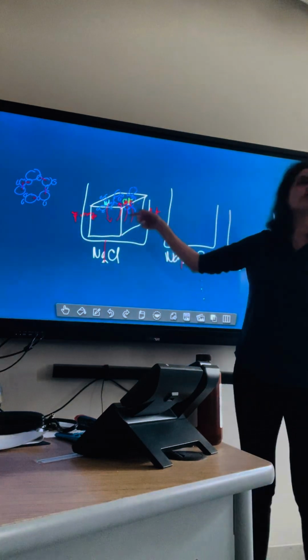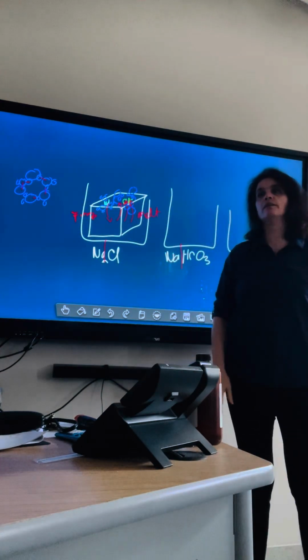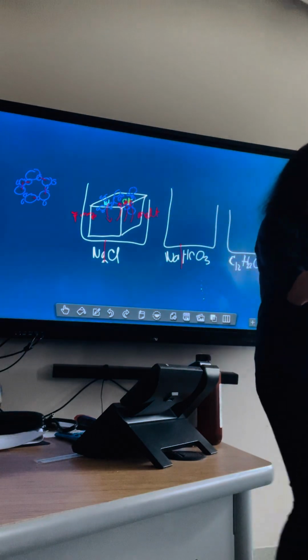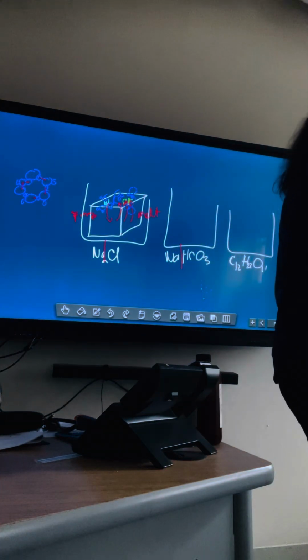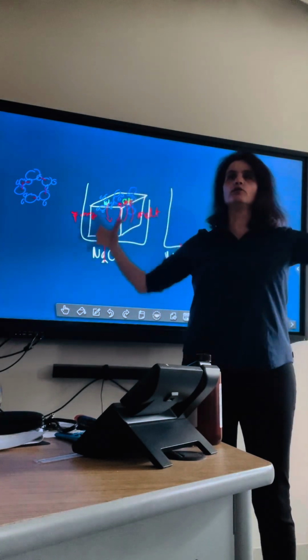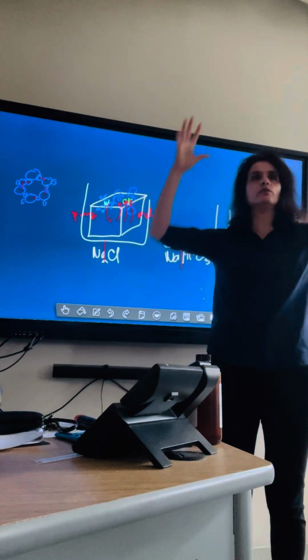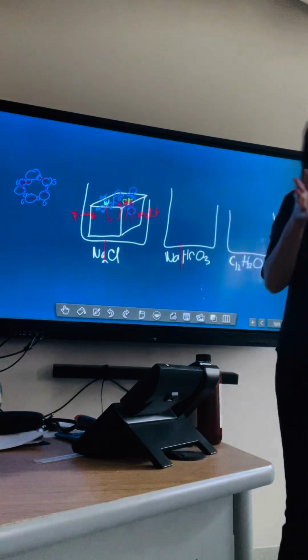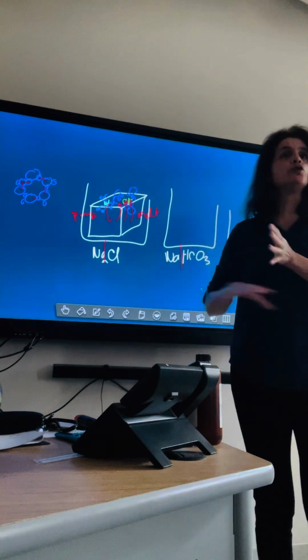Well, it cannot form a crystal if there is stuff in the way. Actually, the salt water in the oceans, the Arctic and the Antarctic, you know how they have those big glaciers or those big old icebergs, right? They extrude the salt in order to be able to be formed.